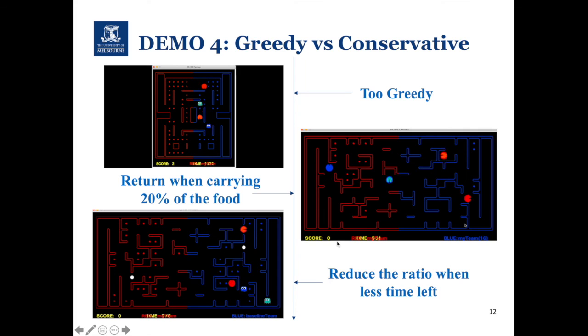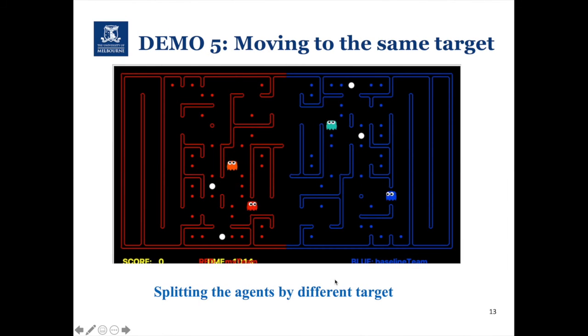The rest of the demos show how we apply decision trees to help agents overcome the challenges. Demo 4 shows how we modify our offensive strategy from too greedy to a suitable level by applying a decision tree. This has better performance than the conservative strategy in approach 1.